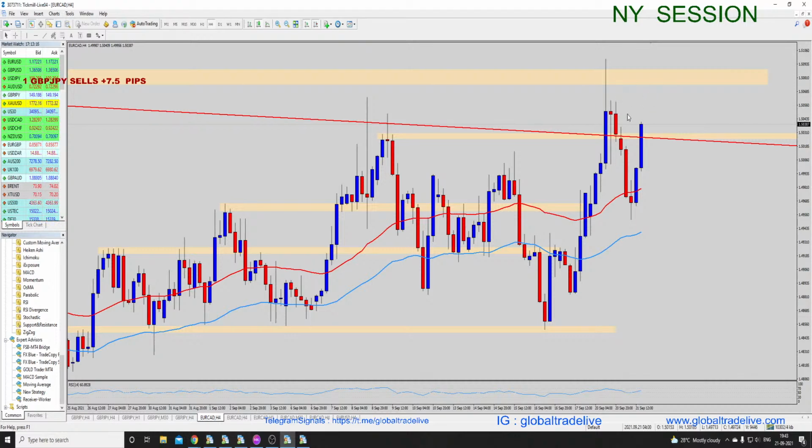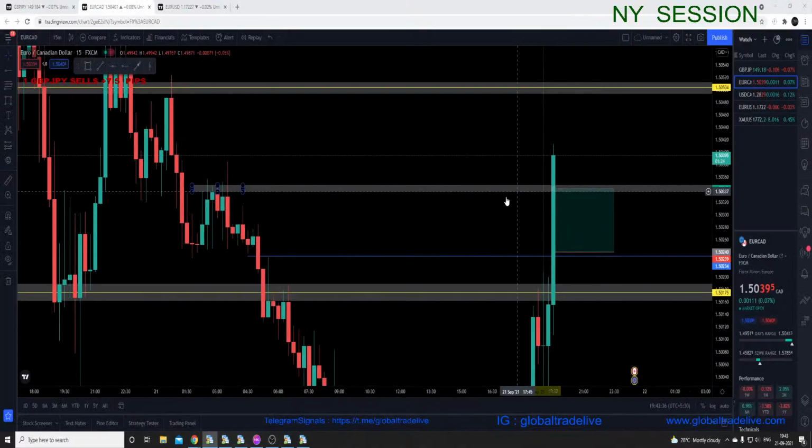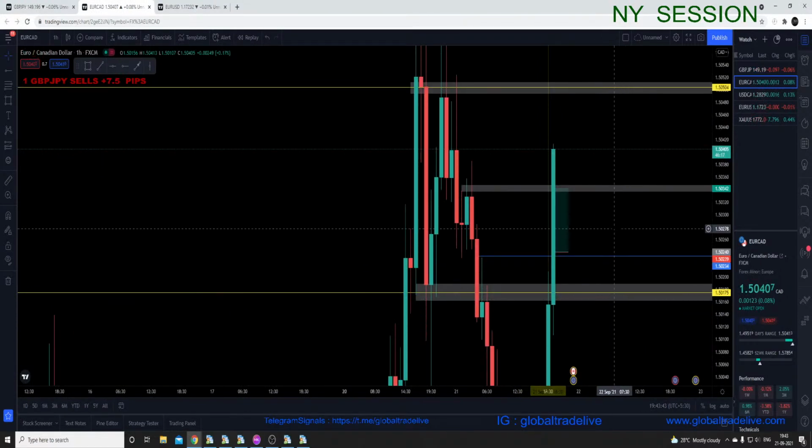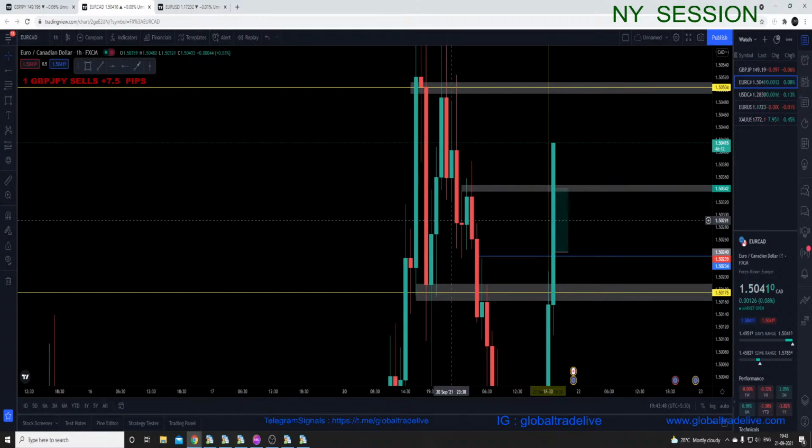And I really think that market's gonna fill this wick also. It should be going up to this level. I'm running 17 pips in profit.